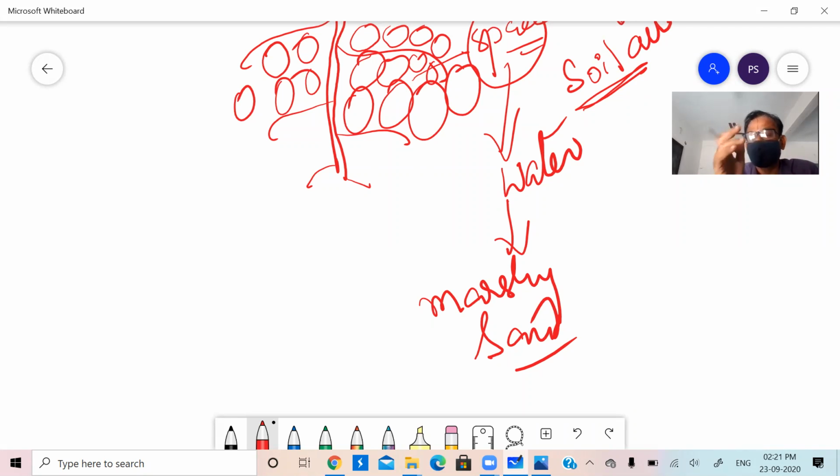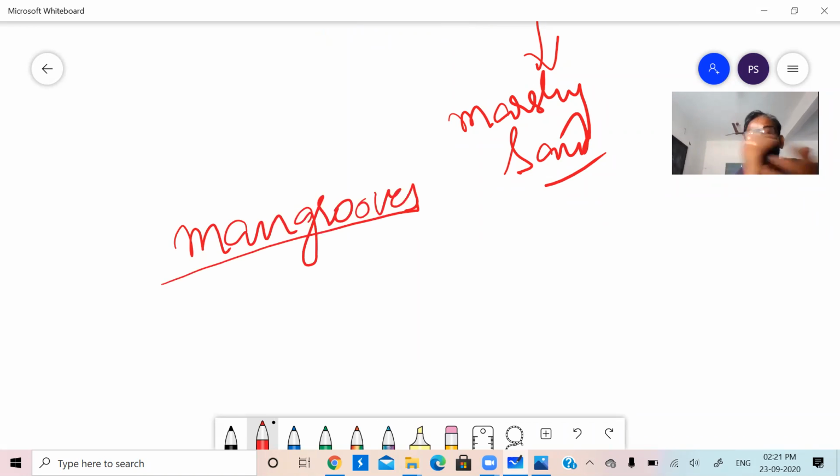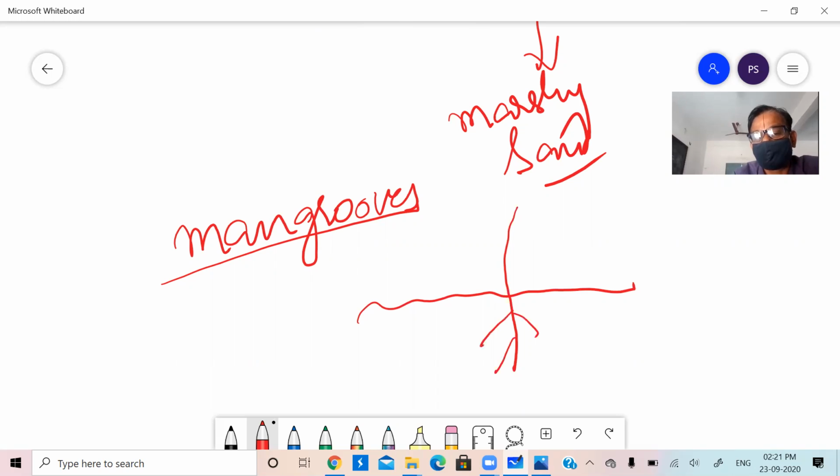Generally, you know that the plants which grow in marshy lands are called mangroves. In these mangroves, the root system is in the marshy soil. For example, this is the soil surface, this is marshy soil and this is a plant. These roots do not get oxygen. Hence they send some aerial branches outside the soil surface.